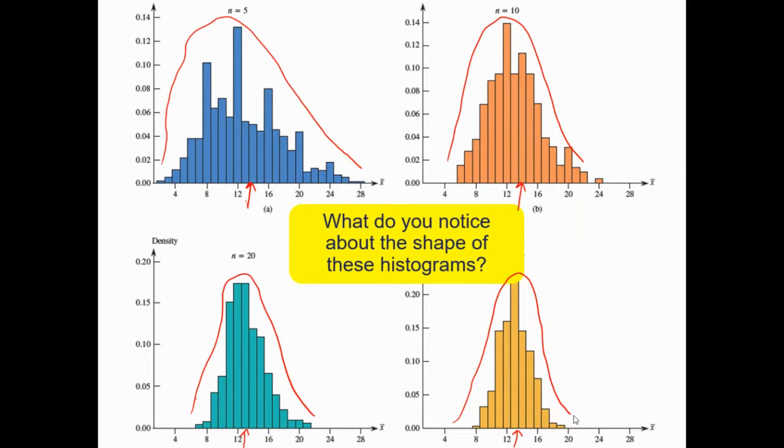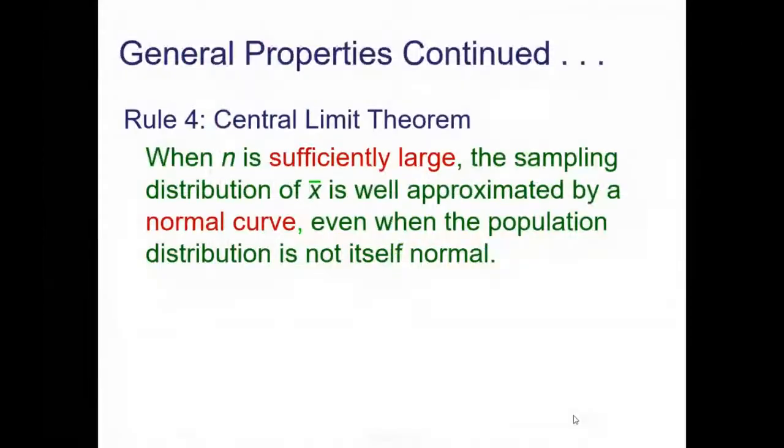Which leads us to rule number 4. That's one of your bigger rules in statistics. I remember when I first learned it. It's called the central limit theorem. So when n is sufficiently large, the sampling distribution of x bar is approximated by a normal curve, even when the population is not normal itself.